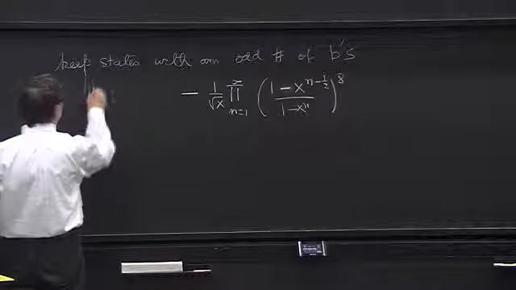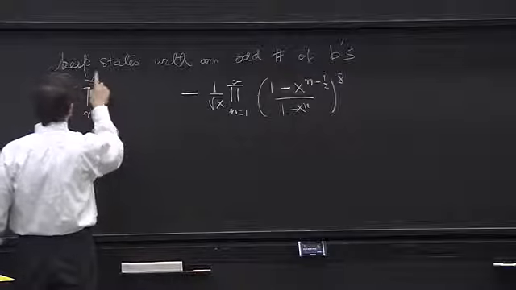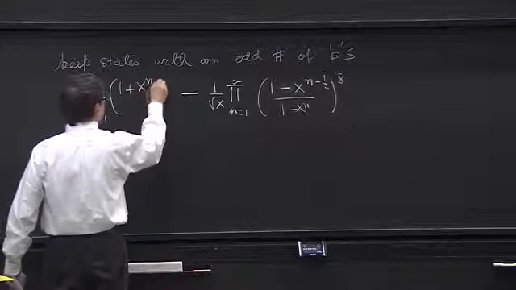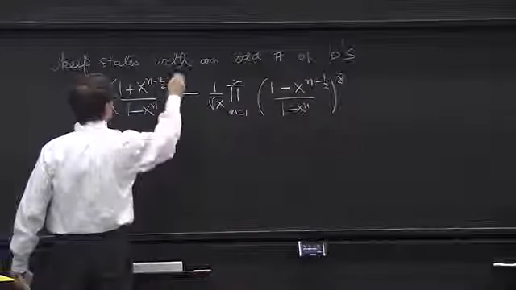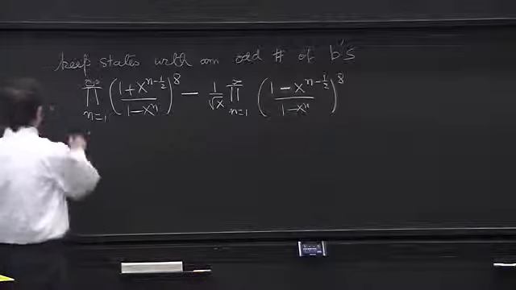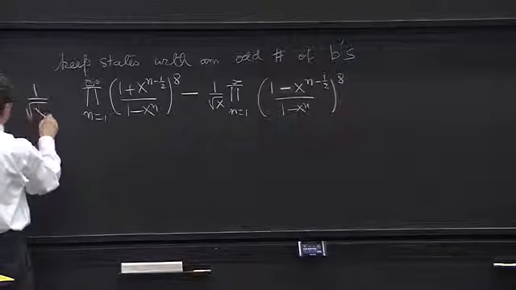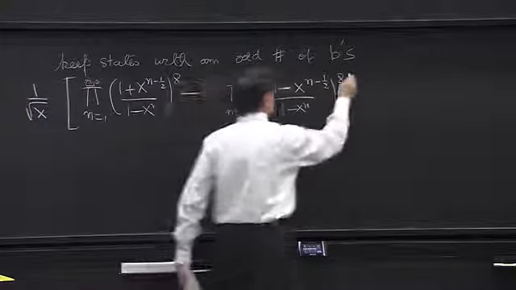So I have the product n equals 1 to infinity, 1 plus x to the n minus 1/2 over 1 minus x to the n to the 8. And I have the 1 over square root of x, so I'll put that in front.